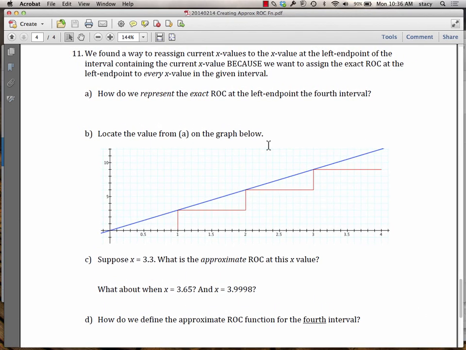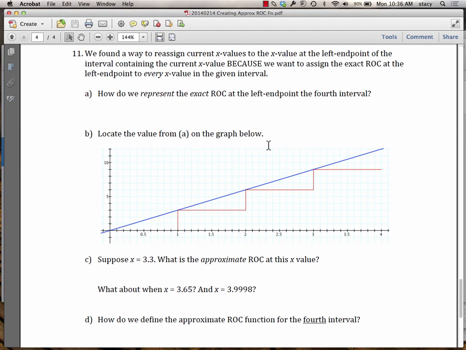But here is a sample of what this looks like. The blue line is our exact rate of change function. Notice it's a changing rate of change function. When you look at different values of x, you get different values for the rate of change.